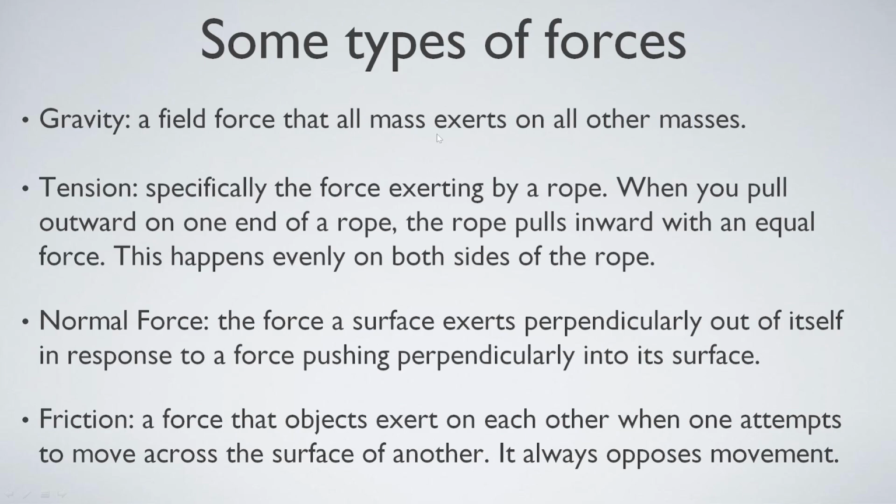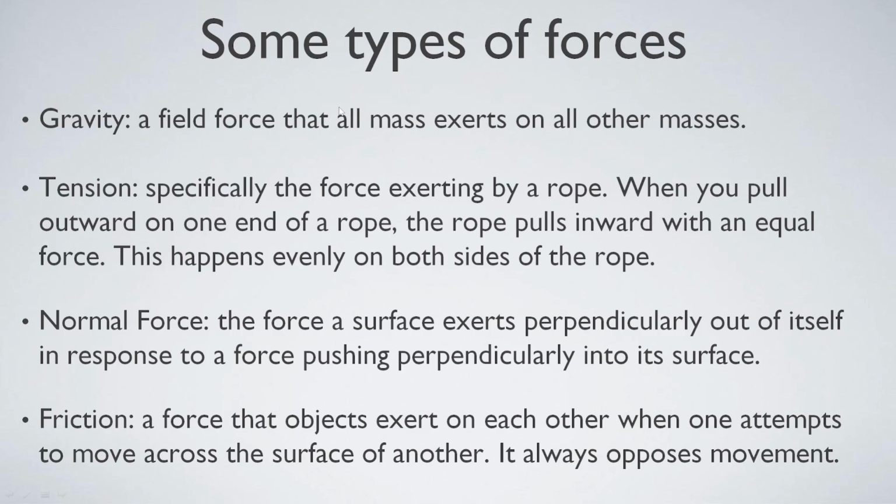First, though, is gravity, which we've already talked about. And gravity is a field force that acts between all objects with mass. The mass of your own body is being pulled towards Earth's core by the gravitational force of Earth's mass, and vice versa. All objects with mass do this, even small ones. It's just the smaller the object, the less gravity it exerts.